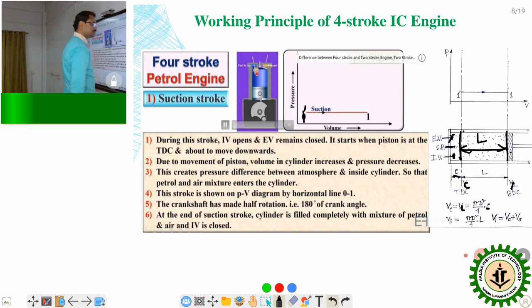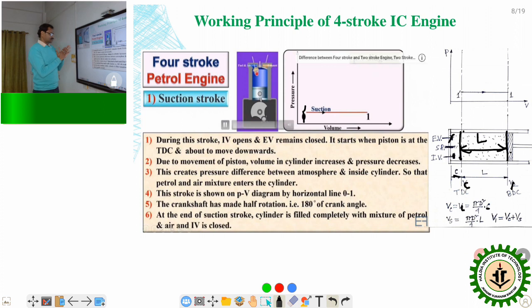So V1 is Vc plus Vs. When the piston moves from top dead center to bottom dead center, on the PV diagram we can draw the line 1 dash to 1, that is called the suction stroke.